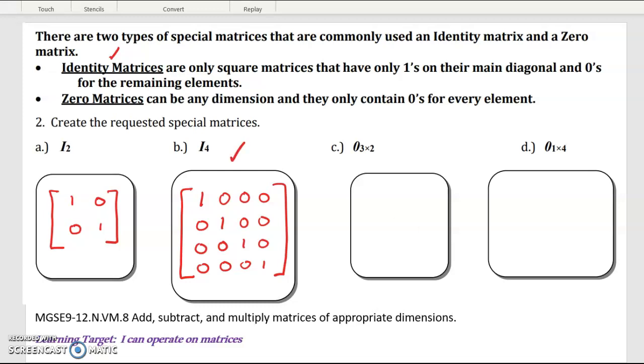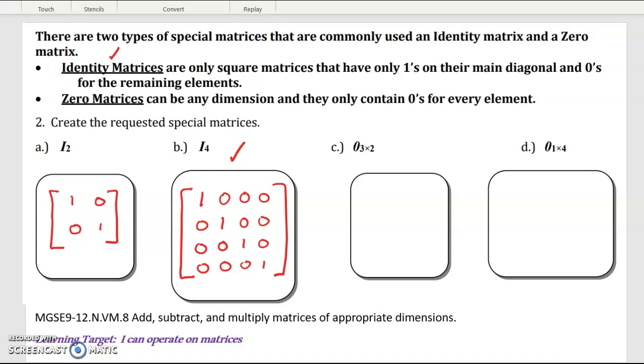A 0 matrix, pretty easy. 0 behaves just like it does in the real number system. If you add 0 to a number, you get the same number back. So if you add a bunch of zeros to a matrix, you get the same matrix back, and we're going to see what that means.